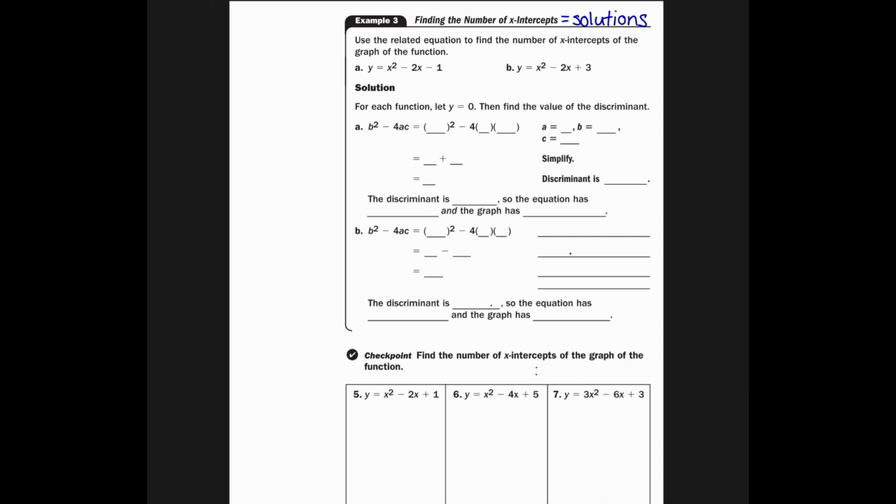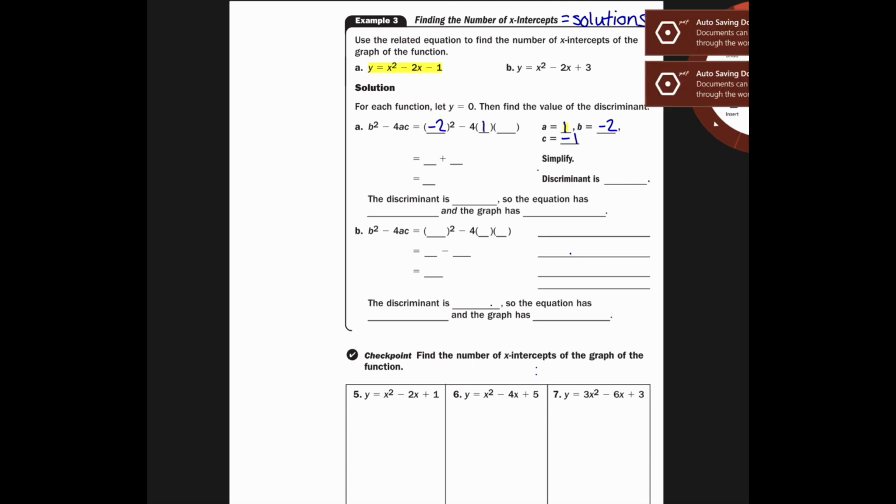Okay, so let's do the first one. We can see for this problem, y is equal to x squared minus 2x minus 1, that we have an A of 1, a B of -2, and a C of -1. So let's plug that in. B squared is -2 squared minus 4 times A of 1 and C of -1.